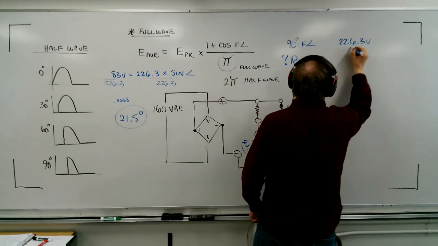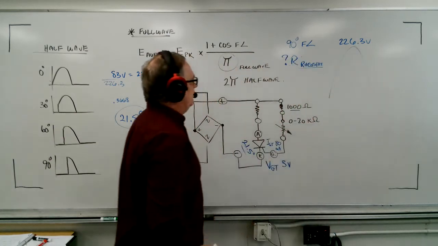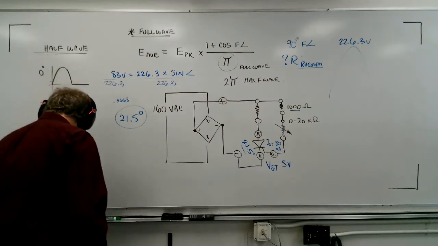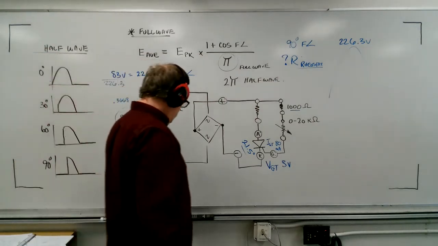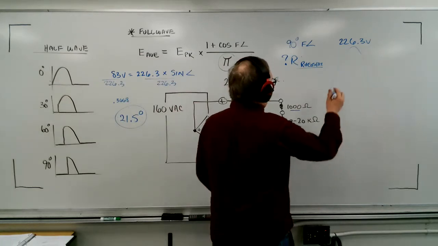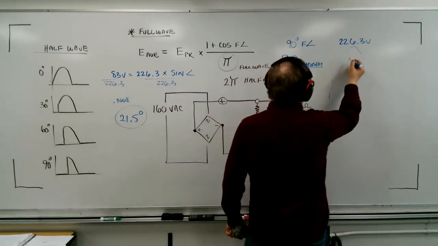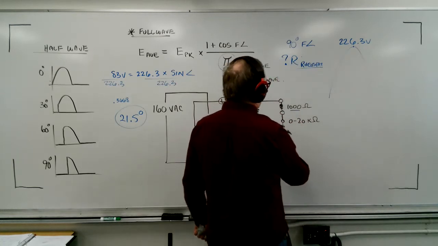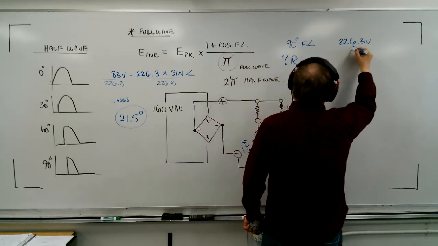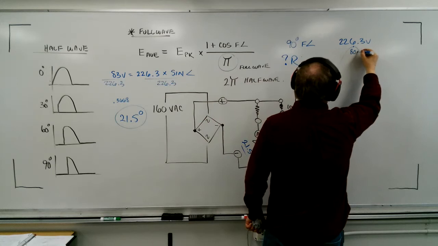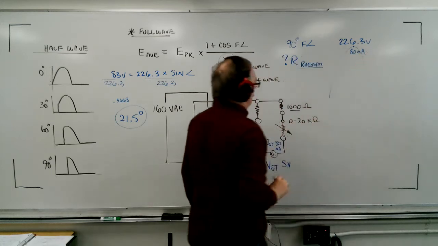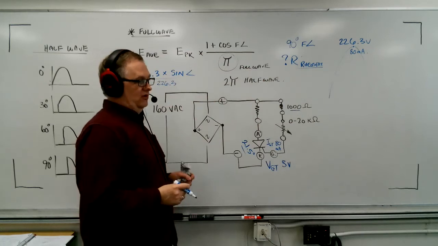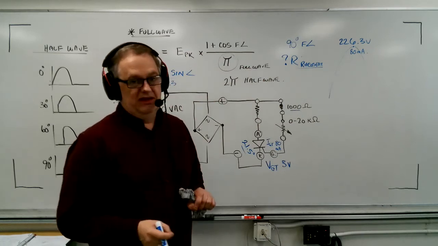Remember, that's like this, right? 226.3 volts. And so we go, well, what is the information that we have? Well, we know that at this exact point, if I don't have 80 milliamps, then I won't be able to fire. So I need to get exactly 80 milliamps at 90 degrees. So that means when I have 226.3 volts, I need 80 milliamps.